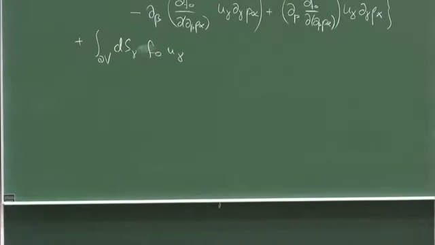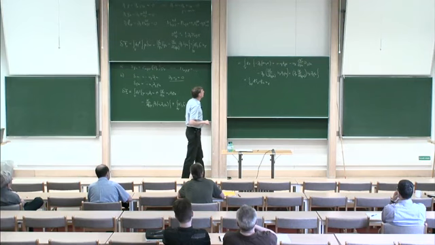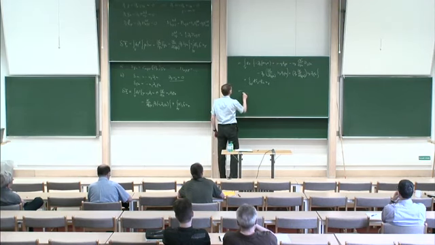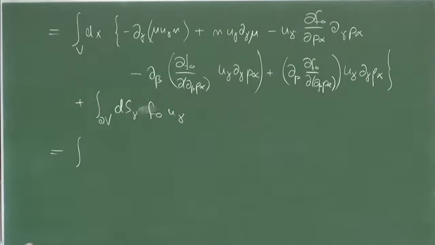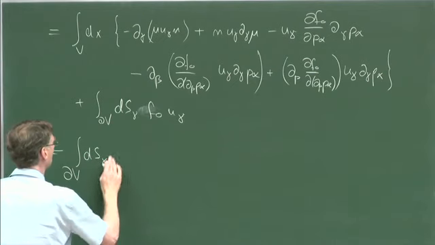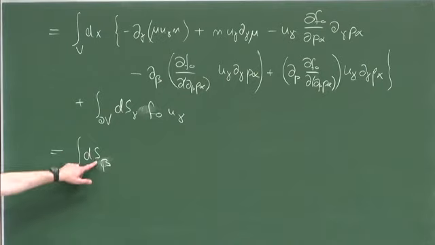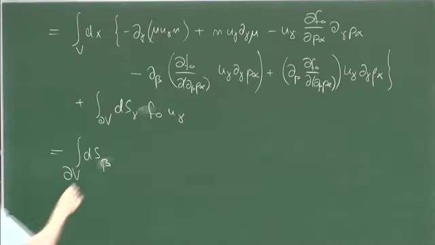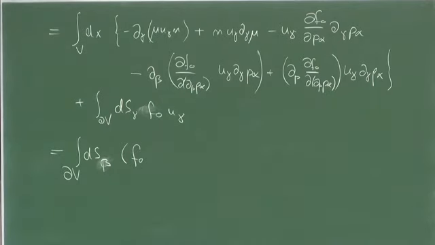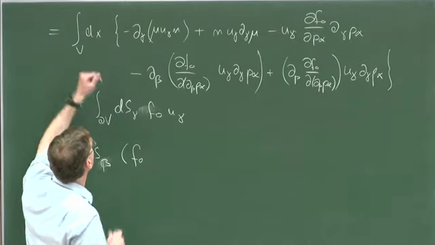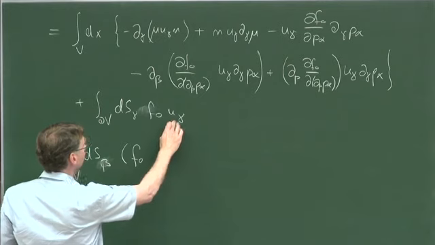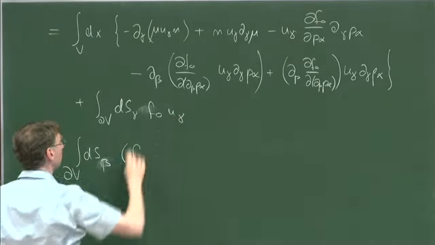Okay, so now what I do see is that I can group some terms together. First of all, let's look at all the surface terms. Let's write it in the way that I change the index from γ to β, the first one. So this gives me an f_0. I have another surface term that is this one here. Keep in mind that I have to use the u_γ somewhere.